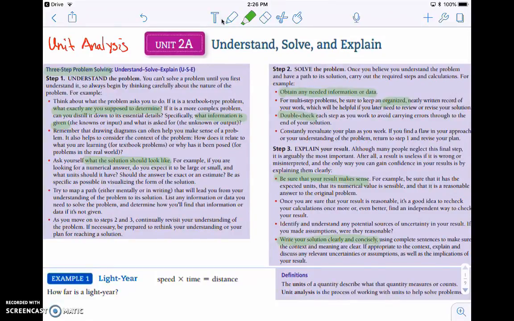So that's the idea of understand, solve, and explain. Again, there's more in there that I haven't highlighted, but there is a little bit of process, and when you're dealing with application problems, story problems, it takes time, and these are things that are helpful in developing those skills in order to accomplish some of these problems.